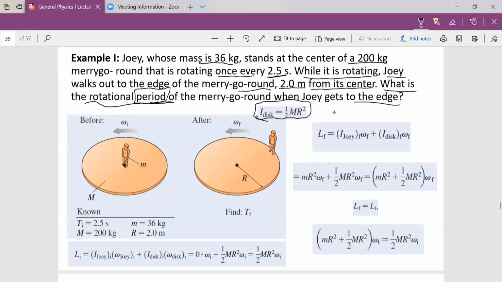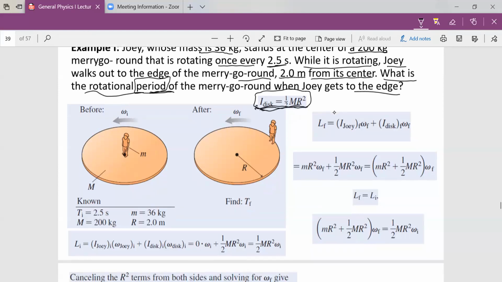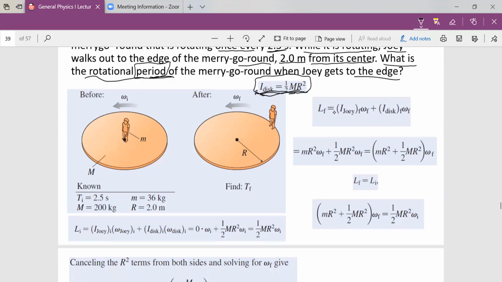If we have to give you a question, we'll state this in the formula sheet, or if we change the shape and it's not a disk, we'll also tell you in the formula sheet the moment of inertia for that shape. So different shapes have different equations for moment of inertia.